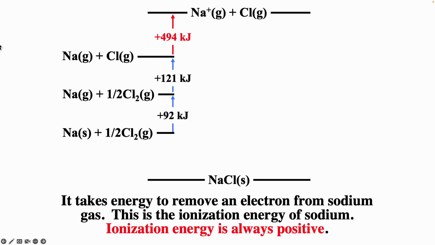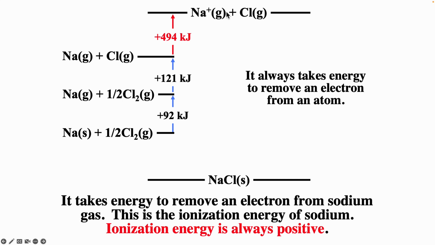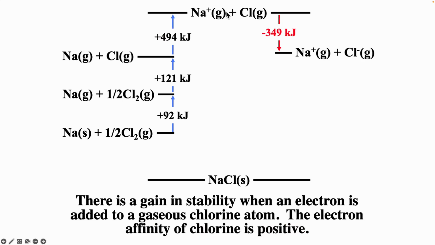Now, if we remove an electron from the sodium, that corresponds to the ionization energy of sodium, 494 kilojoules per mole. Remember, ionization energies are always positive. Now, if we take that electron and put it on the chlorine, that would be the electron affinity for the chlorine, and that would be minus 349 kilojoules.